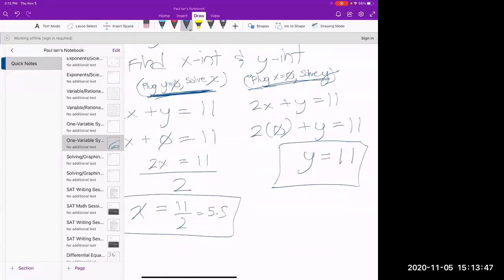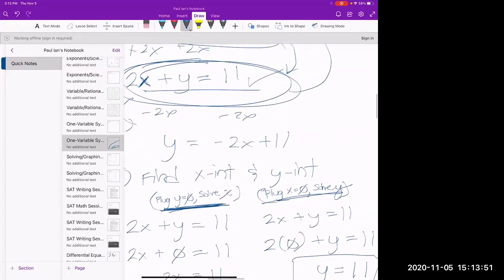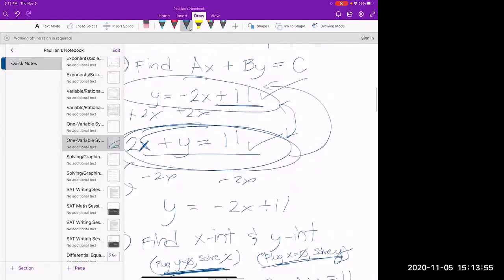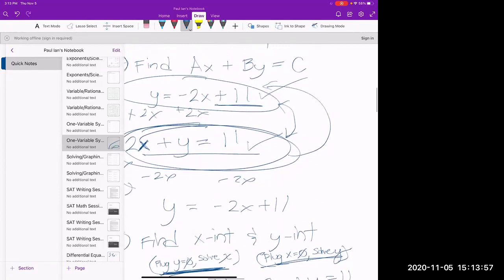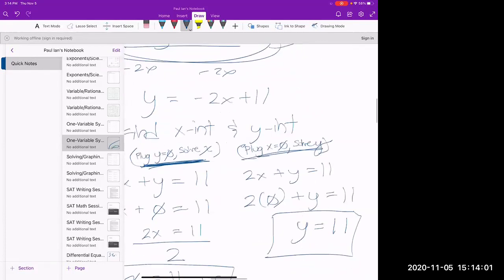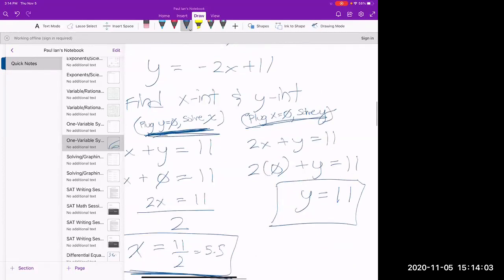But the one thing is, you can find the x-intercept in the standard form. You could also find the y-intercept in the slope-intercept form. I think you should be able to do that, right? It's just plugging in numbers and solving for other things.